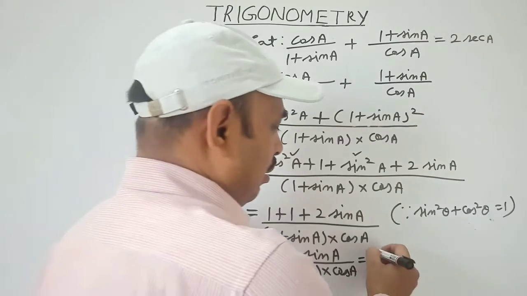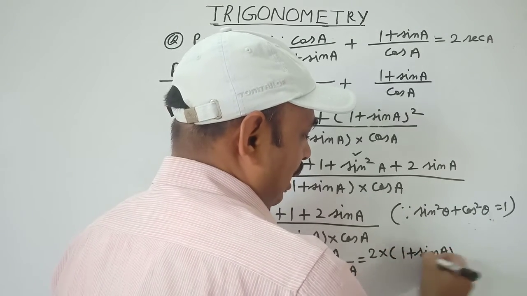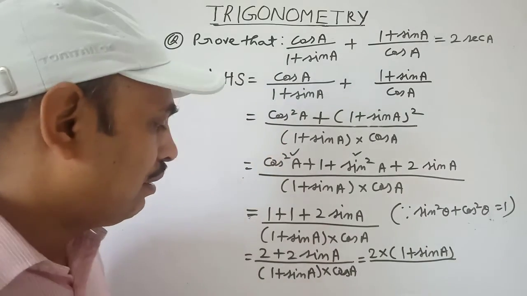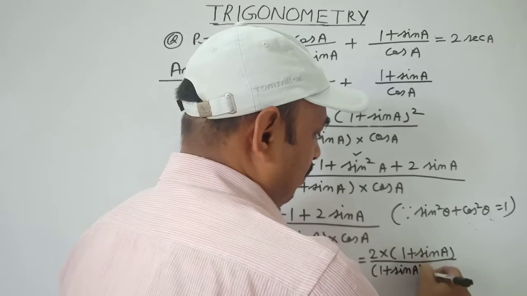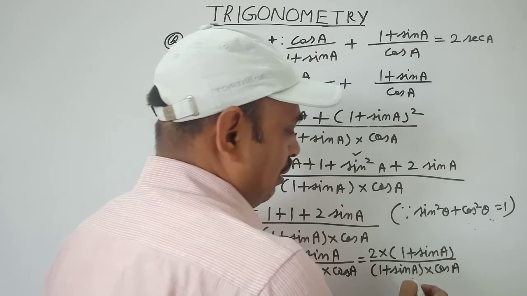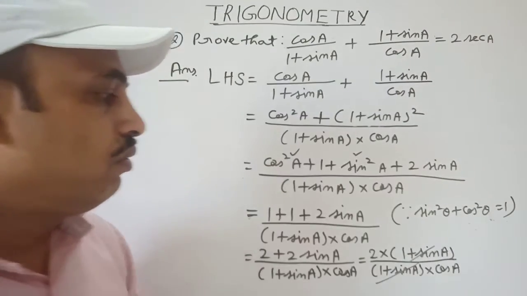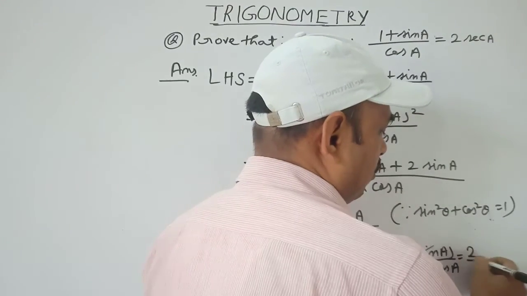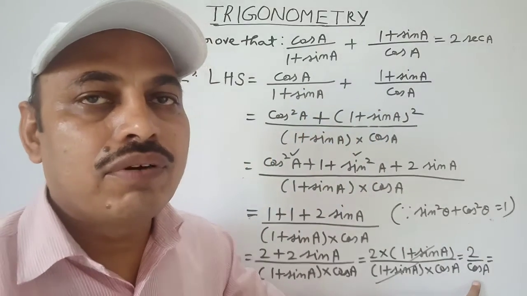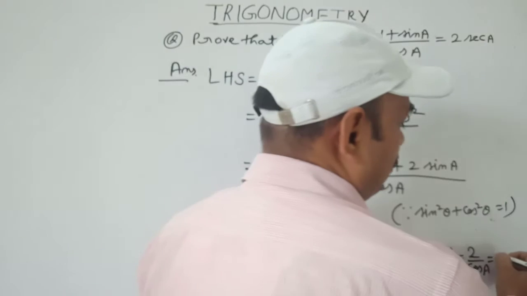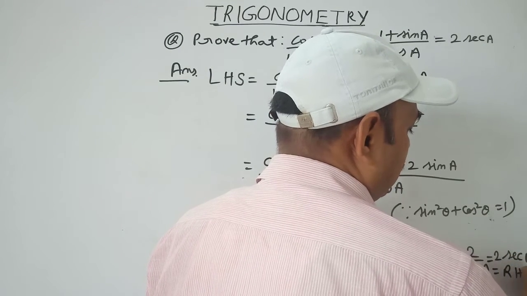Take 2 common, 2 multiplied by (1 plus sin A) divided by (1 plus sin A) multiplied by cos A. 1 plus sin A will cancel. 2 upon cos A. Reverse of cos is sec, equal to 2 sec A equal to RHS.